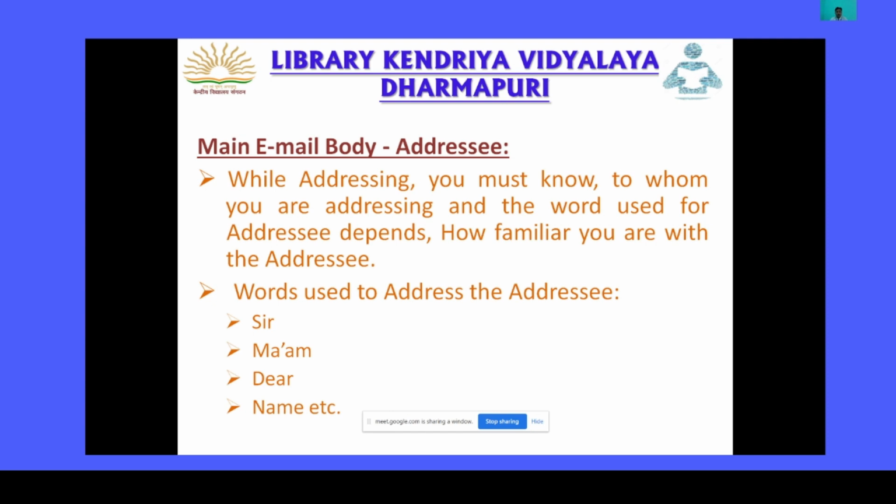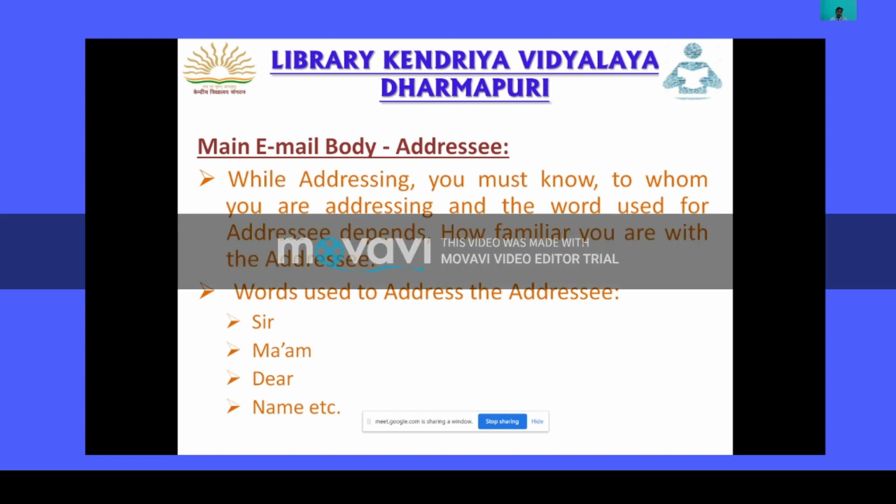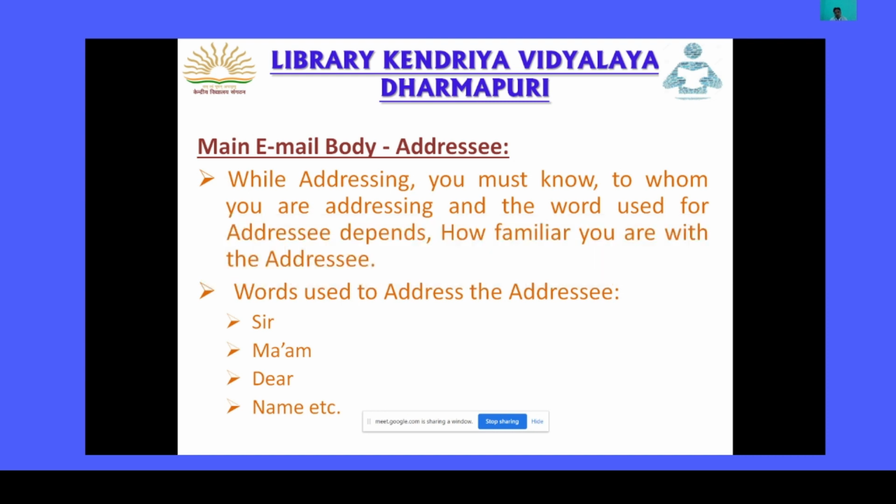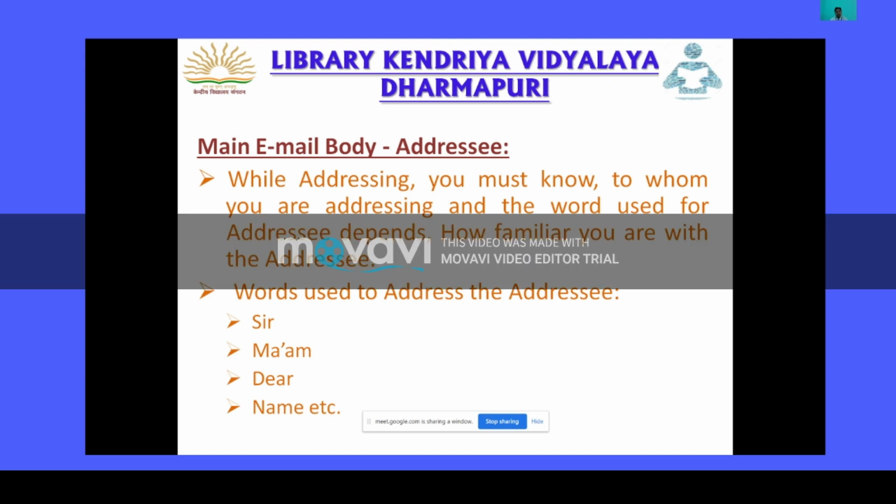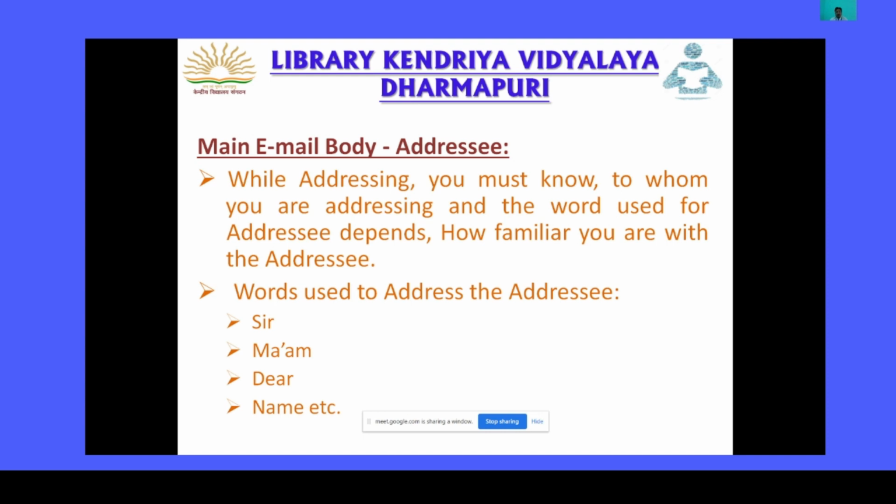If you are sending an official email, or as a student you are sending an email to your class teacher or subject teacher, these are called formal emails. You are sending it for your education purpose, your official purpose. While you write a formal email, you will address your addressee as sir or ma'am.